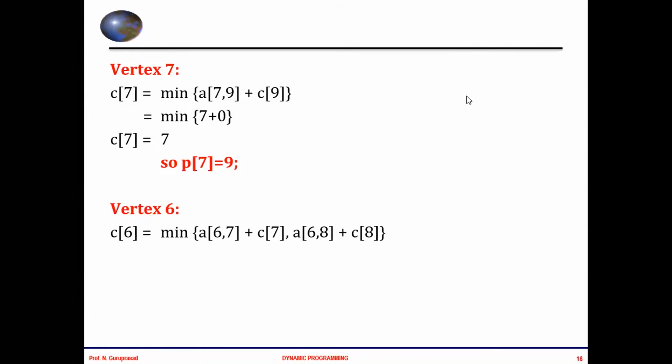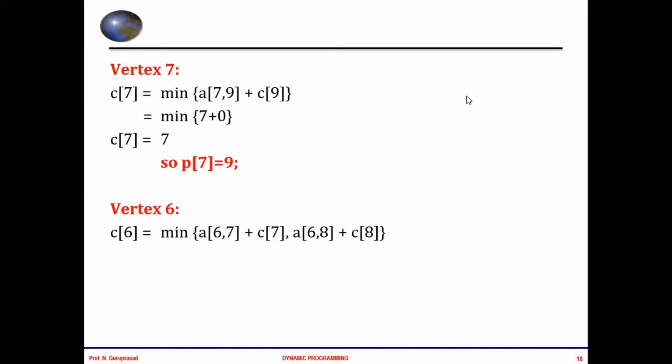Correct? So what is edge 6,7? It is 6. Good. What is C of 7? Yes, it is 7. Correct. What is edge 6,8? Exactly. It is 2. And what is C of 8, guys? 3. Very true.